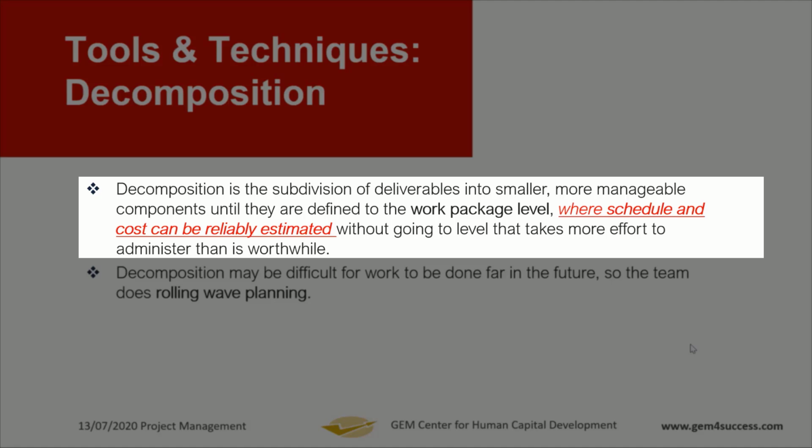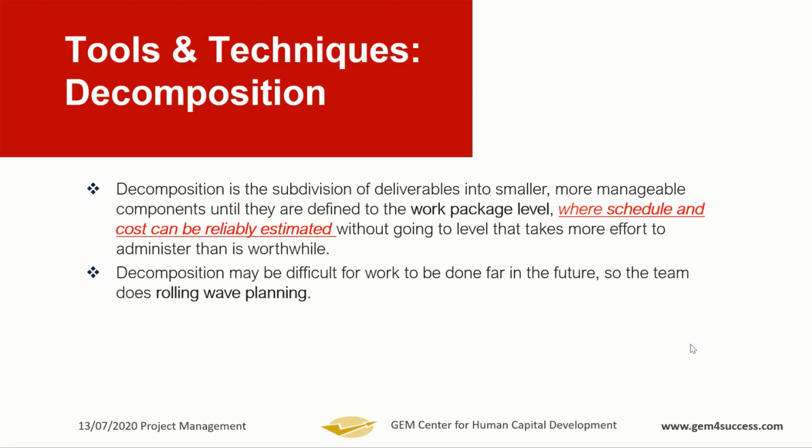It's that level in which the schedule and cost and resource and other things for that component or for that work package can be easily estimated. And you have to avoid going down to a level wherein it's no longer worthwhile. So break things down until it's simple, but don't break down further, or then it becomes a mess.